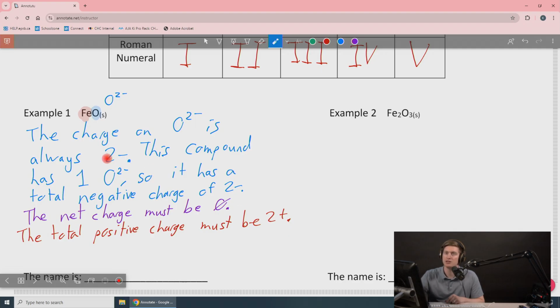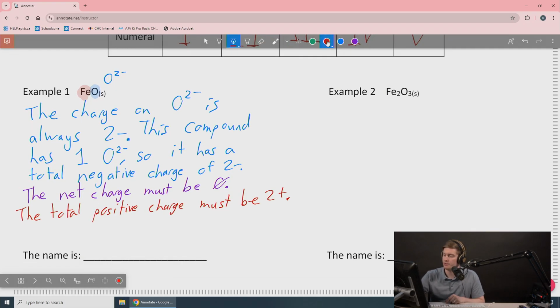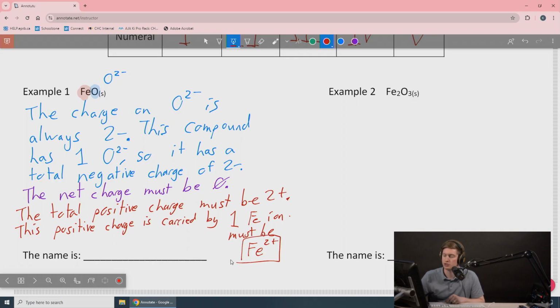This positive charge is carried by 1 iron ion, so it must be Fe2+. It must have the 2+ charge.